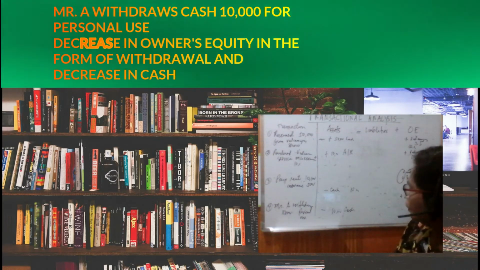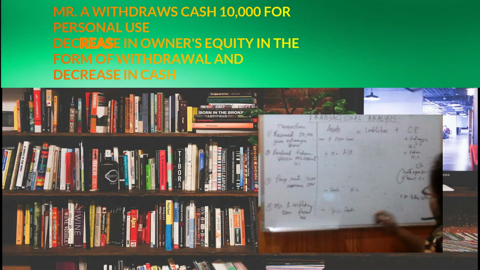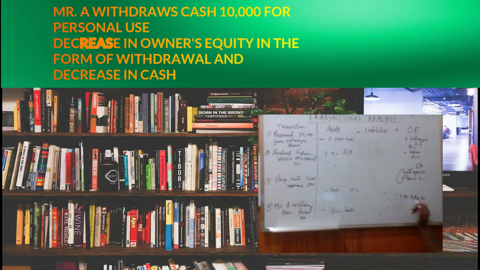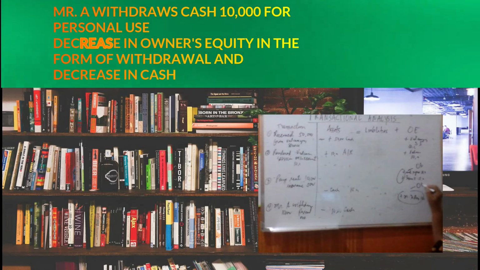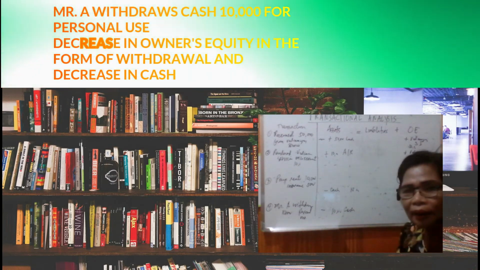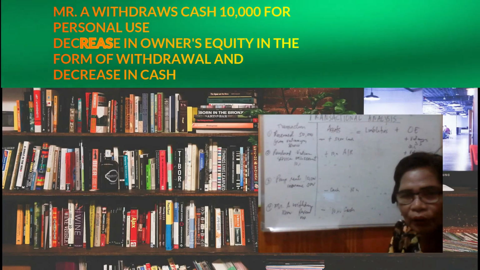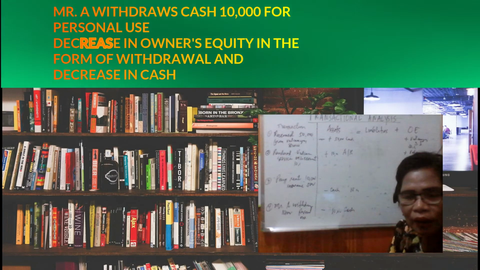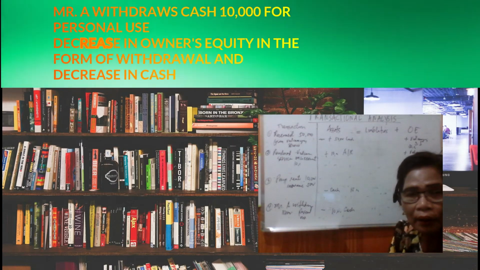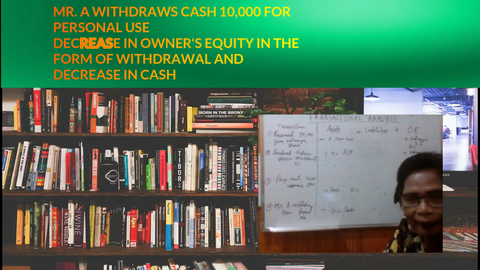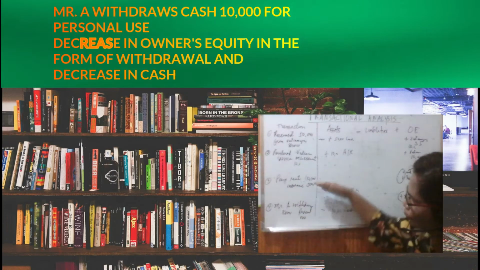And there is a decrease also. There is an increase in Mr. A's drawings, but this one will tend to decrease OE, or owner's equity. So drawings decrease owner's equity, the same as expenses. Okay? So I will repeat the last two.